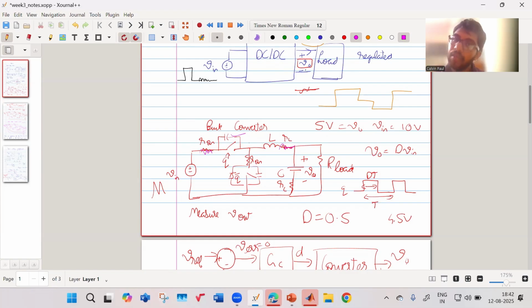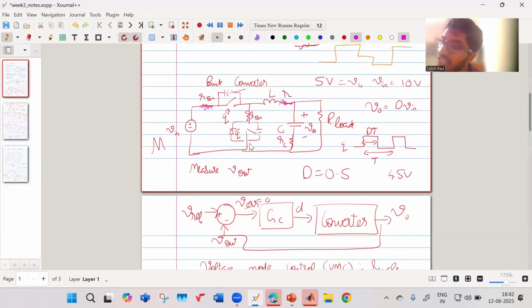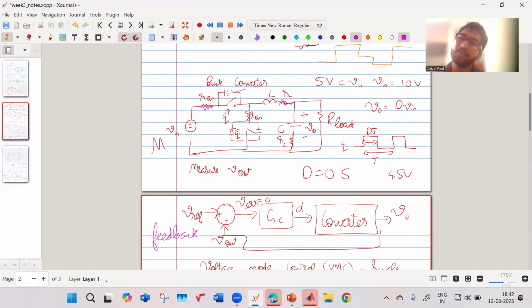So the best way is you need to have feed forward, but also you need to have feedback. That is, you can take some corrective action. Through feed forward, it says that I must give duty 0.5 and I will get my output voltage to be 5 volt. But when I actually do that, it is not happening. My voltage is only 4.5 volt.